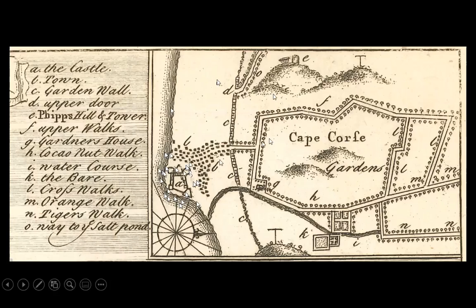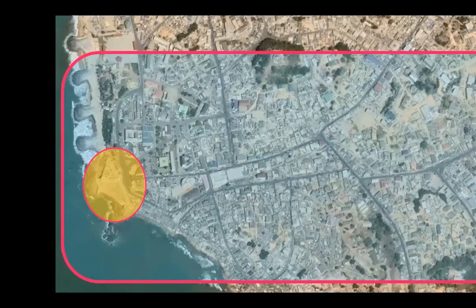But you see here, Cape Coast Gardens are far more extensive than just the area of the castle itself. In fact, they're enormous, with indication of different kinds of crops being grown, and as they call it, an orange walk. The orange walk is number M here, which is where the oranges were grown, in effect, to prevent scurvy among the crew and captives in the transatlantic trade.